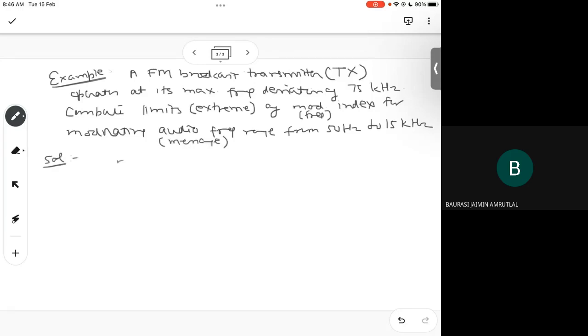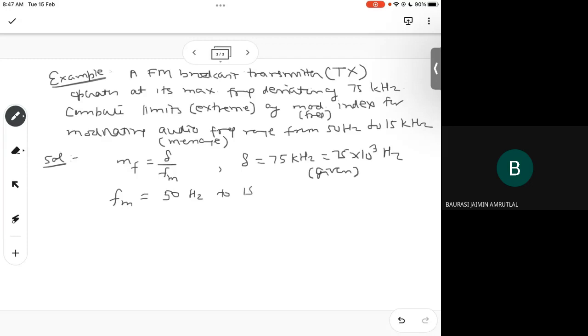I need to find the modulation index, which is given as delta over fm. And delta is given as 75 kilohertz, which I should always write as 75 into 10 to power 3 hertz. That is what we should always follow. So this is what is given to me. Now, what is my modulating frequency range? fm, which is the message signal, varies from 50 hertz to 15 kilohertz.